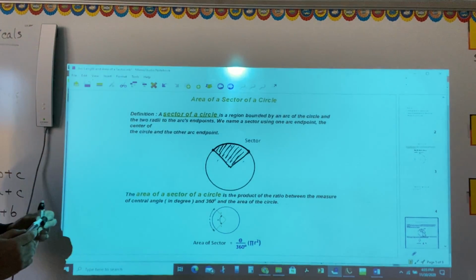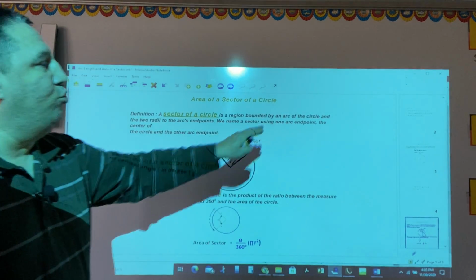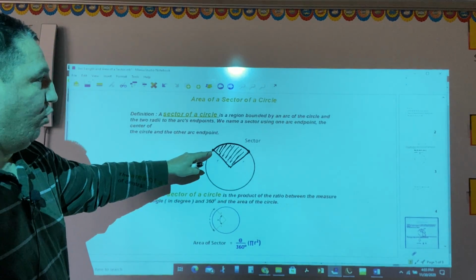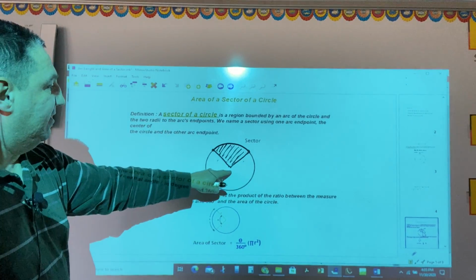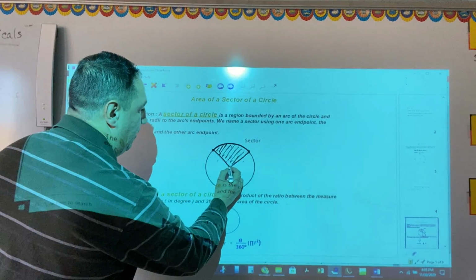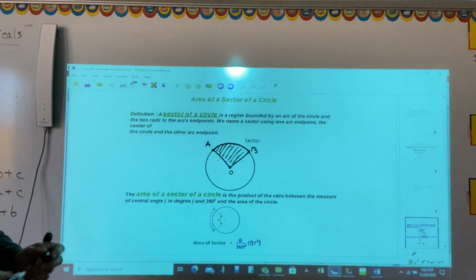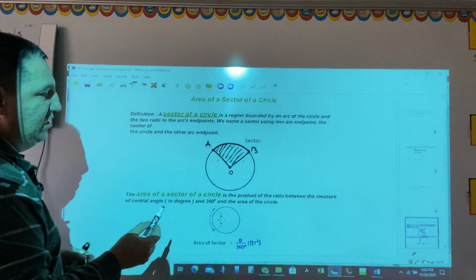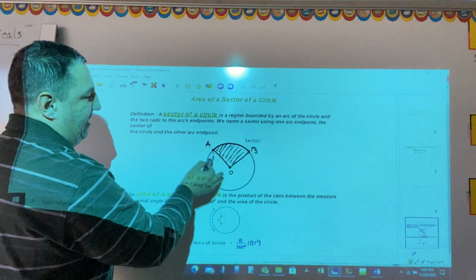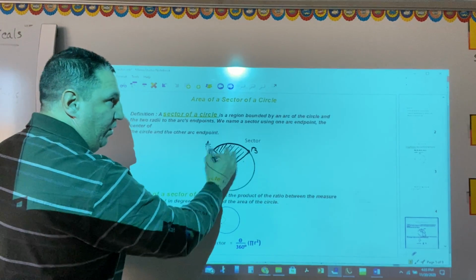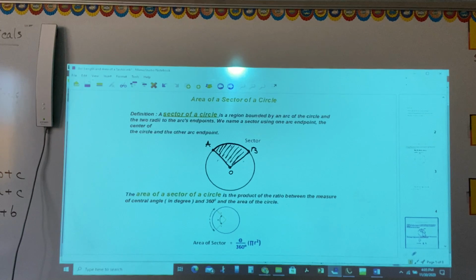Yes. We name a sector using one arc endpoint, the center of the circle, and the other arc endpoint. So we can say sector AOB. Good.